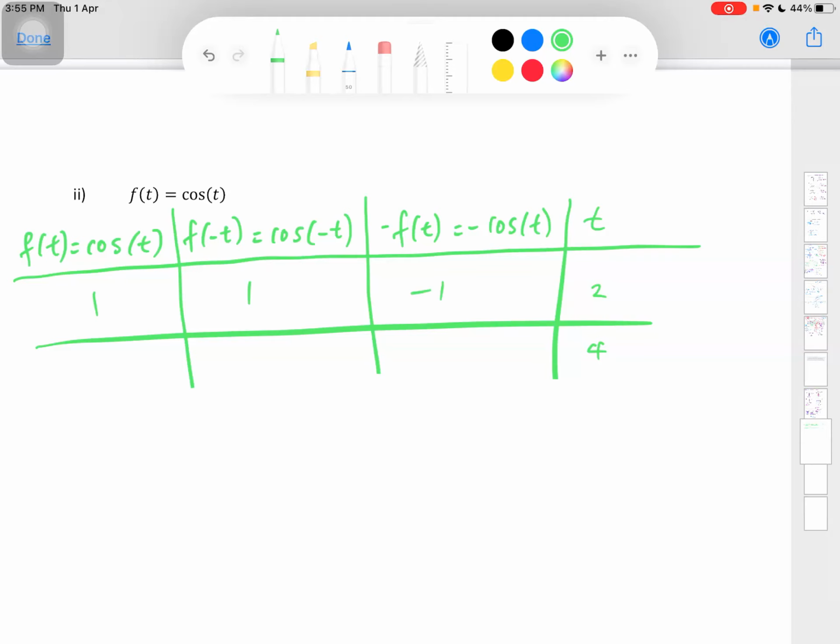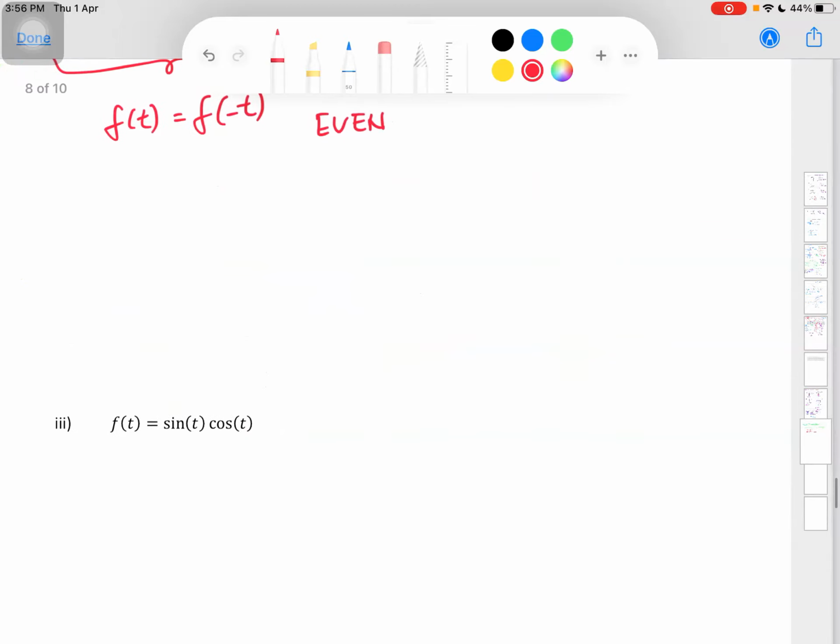I think you can see the pattern now, but let's proceed with cos 4. It's a 1 as well. Cosine of minus 4 is a 1, and minus cosine of 4 is minus 1. So we can see that these parts are equal, which means f of t equals f of minus t. So we satisfy the evenness equation. So this is an even signal.